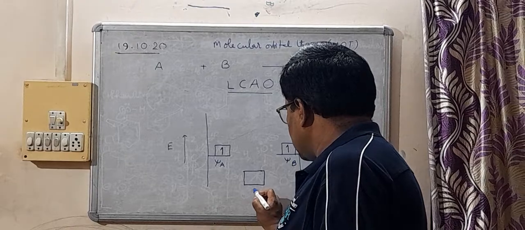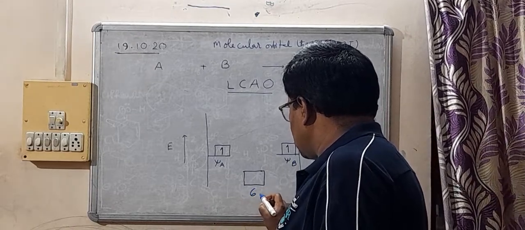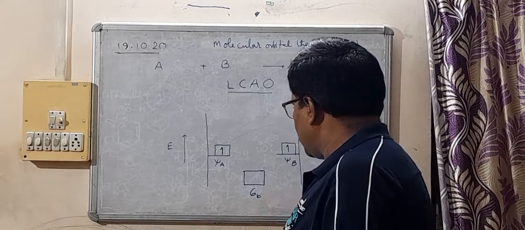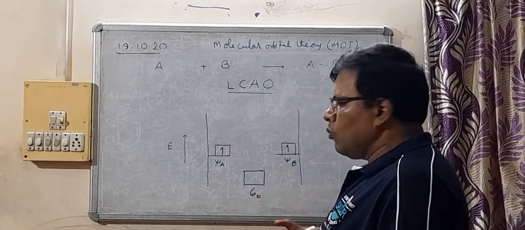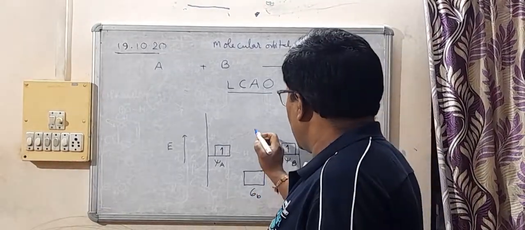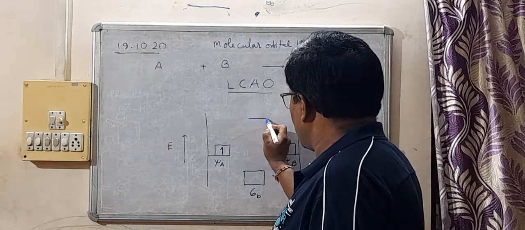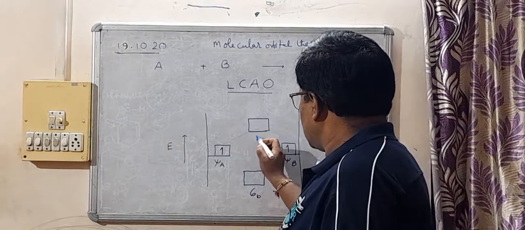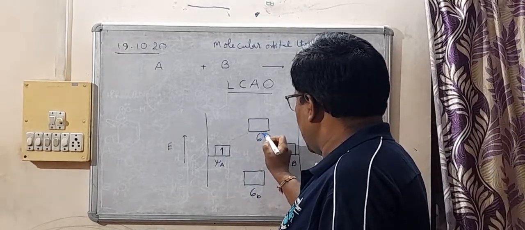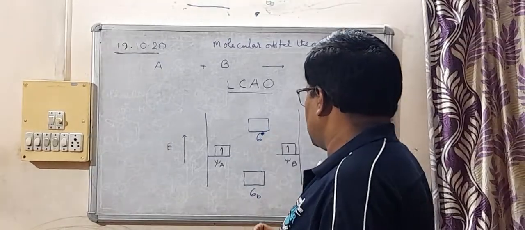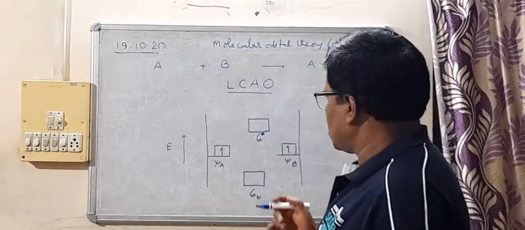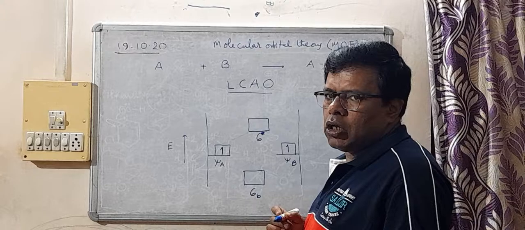It is called sigma bonding molecular orbital, and another molecular orbital that is formed is sigma anti-bonding or sigma star anti-bonding molecular orbital.